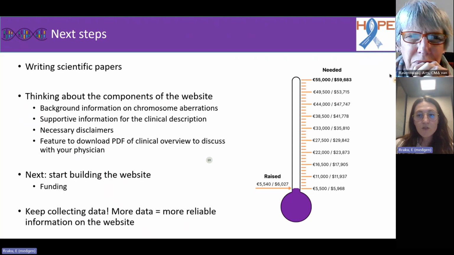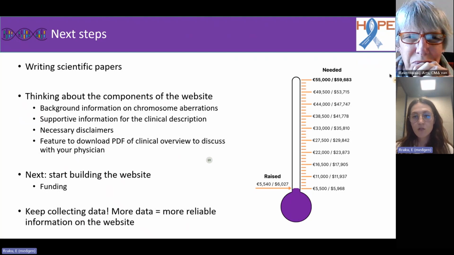Now that we have this information and that the tool is ready, we are currently writing scientific papers to publish these results so that other researchers can also use our work. And at the same time, we are thinking about the different components that the website will have and how it will look. We are, for example, planning to include some background information on chromosome aberrations and also supportive information on where the information in the clinical overview will come from, similar to what I am explaining right now.